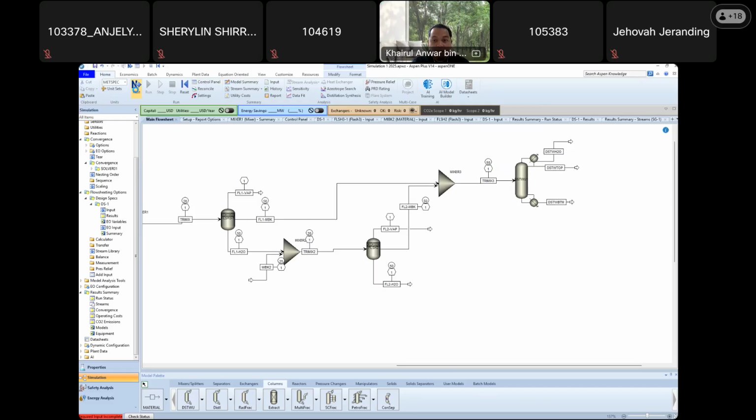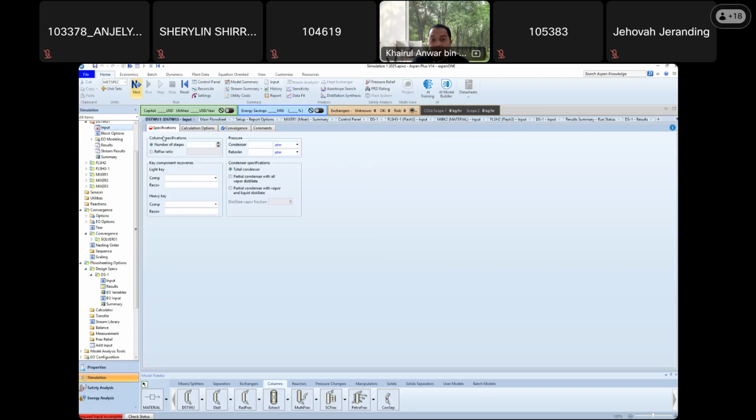Click next. It will ask you to input the STW spec. For the spec for the STW, the number of stages, you start with 34 first. Just apply an error. So this is 1 bar.